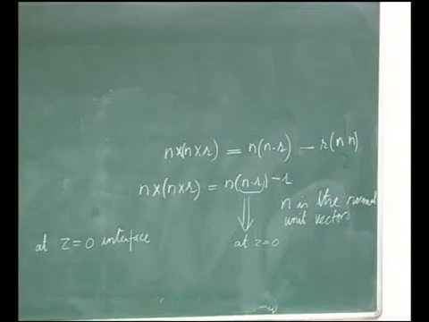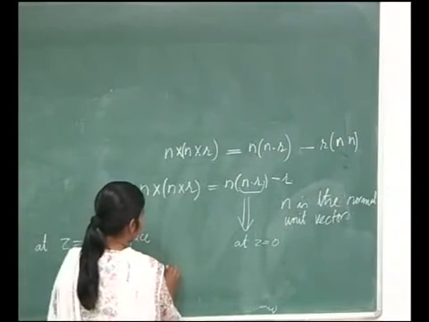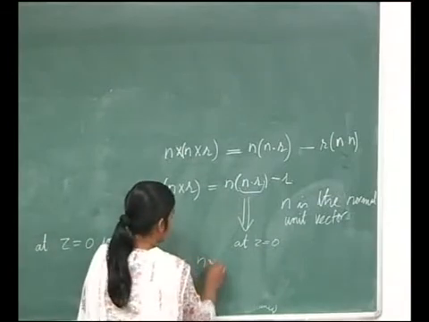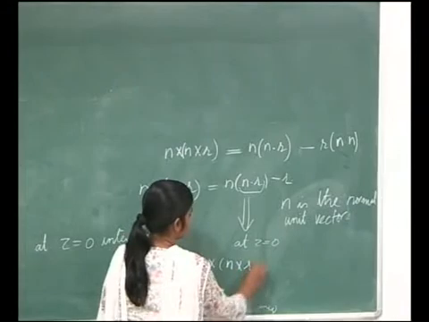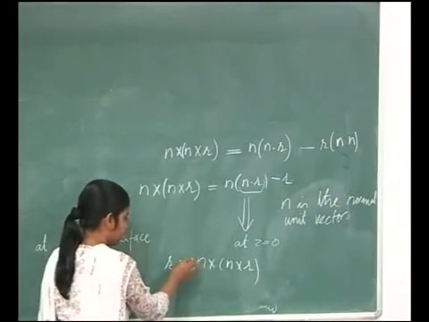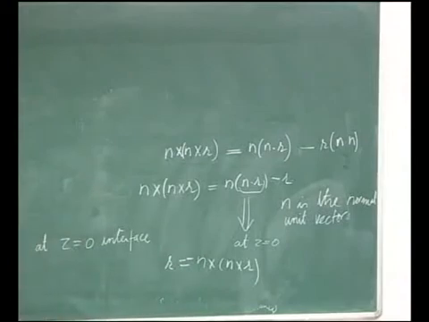Zero. n dot r at z is equal to 0 is 0. So I can write that the position vector r is equal to minus n cross r. Sorry, there is a minus sign here.